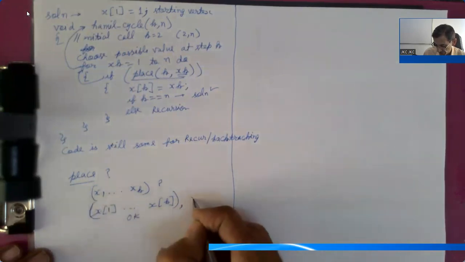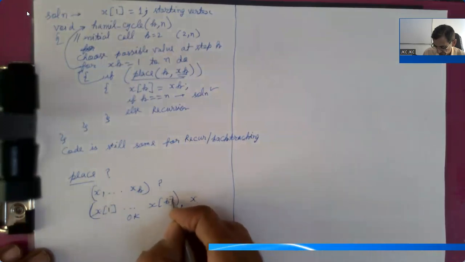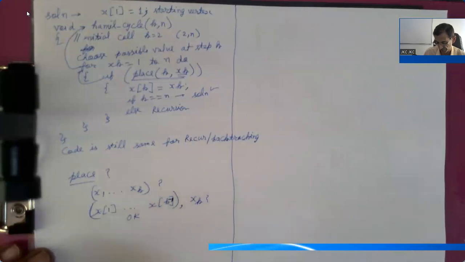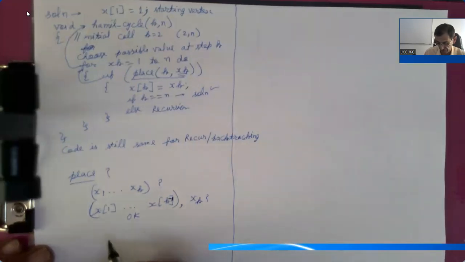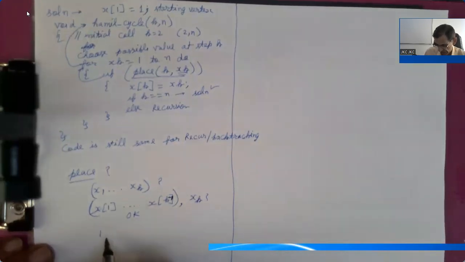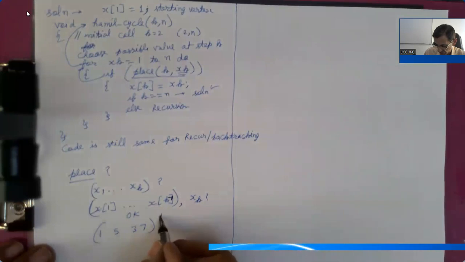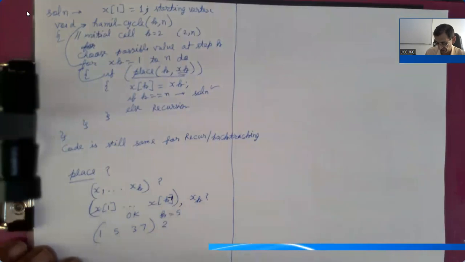I have to check whether xk is acceptable or not. For example, I say I have already decided 1, 5, 3, 7 to be the path and k equal to 5. So the fifth vertex, which one should be chosen? Let's say I'm trying to give it value 2. Now that will decide whether 2 is acceptable or not.